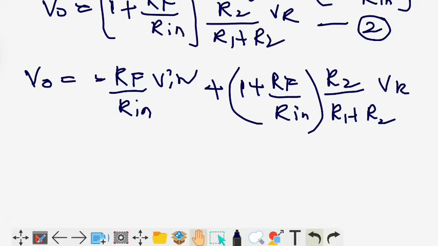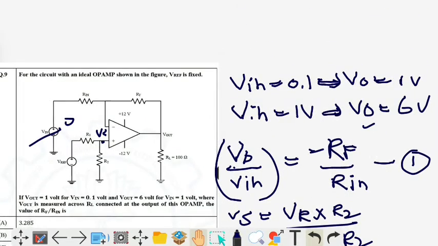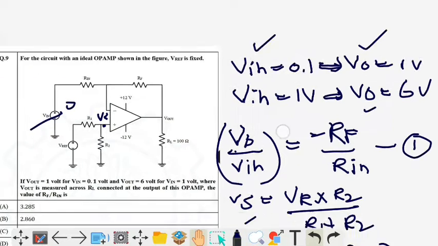Now with the given information we need to substitute here, then we can find Rf by Rin. The first information is Vin is 0.1, then Vout is equal to 1.